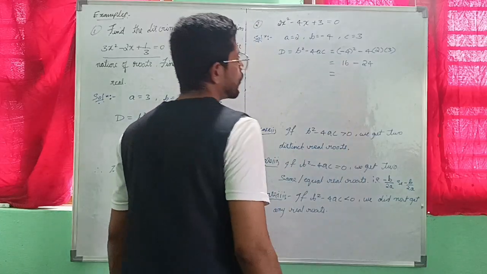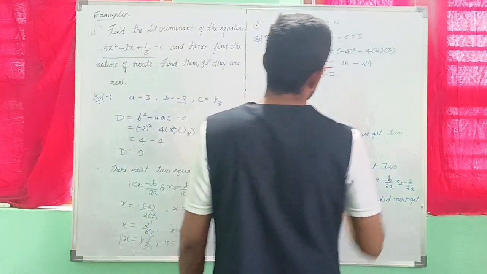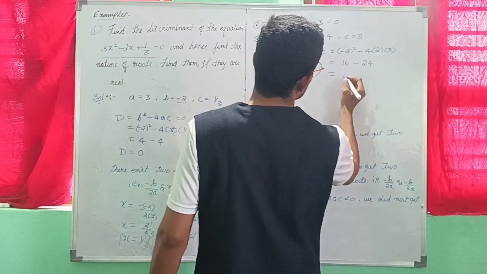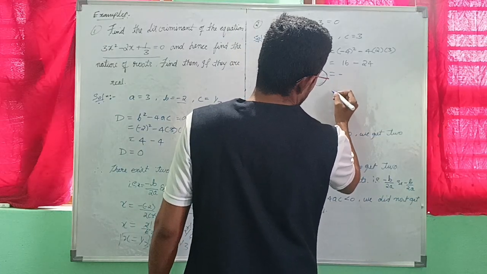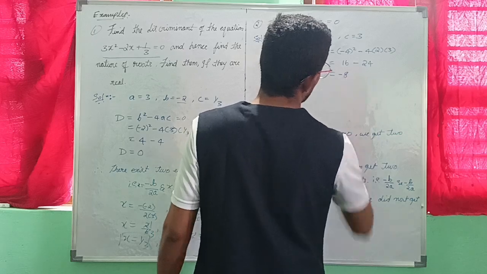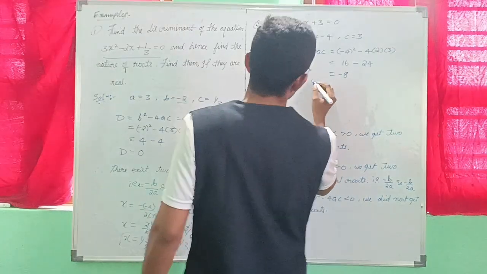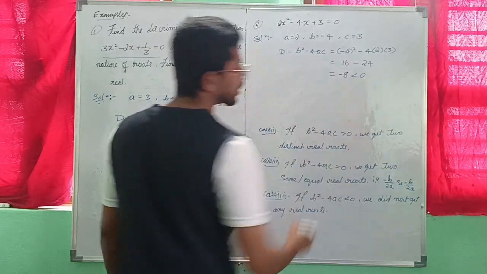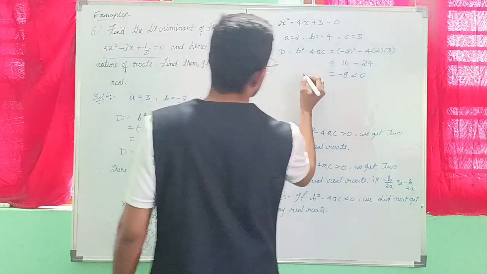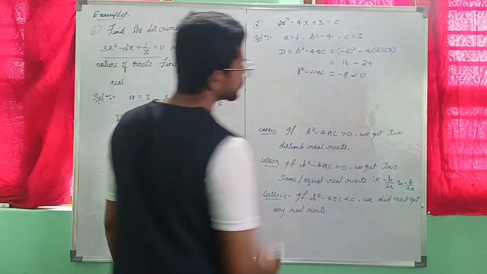So 16 minus 24 is minus 8, right? Minus 8. So here we are getting a value less than 0, right? So the discriminant, b square minus 4ac, is less than 0.